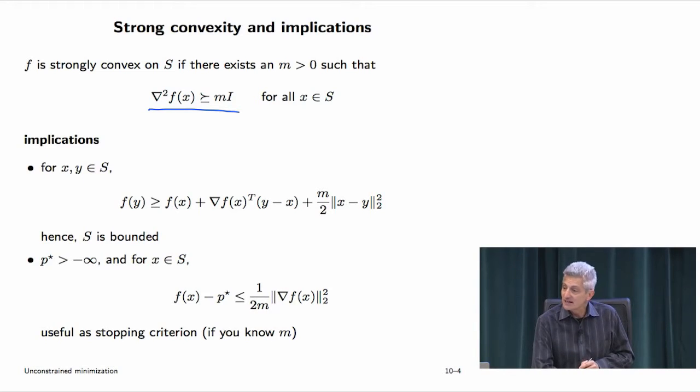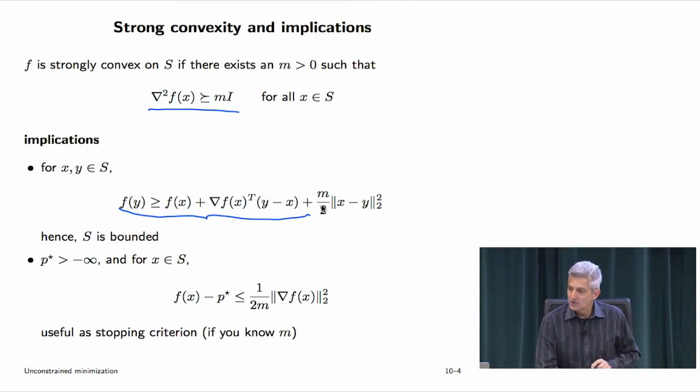Now, what this does is actually something very interesting, and we'll see variations on this later. This inequality right here is the classic inequality, without this term. This inequality holds, of course, for any convex function. It says that the first order Taylor expansion is a global lower bound on f.